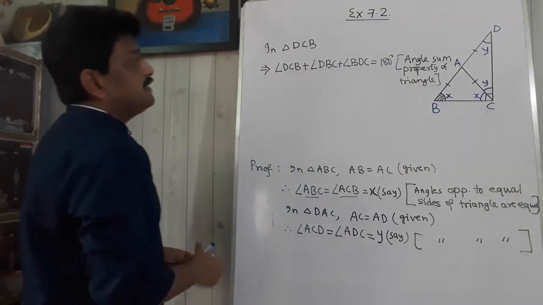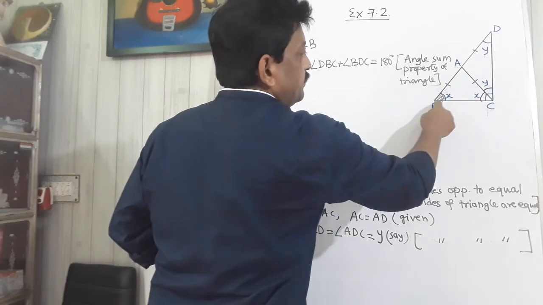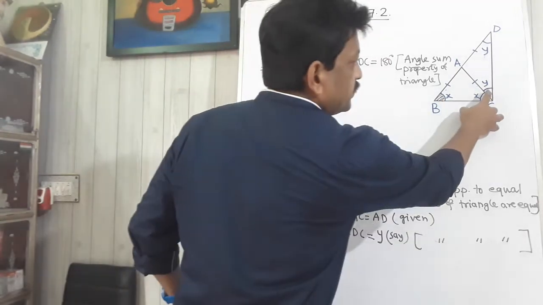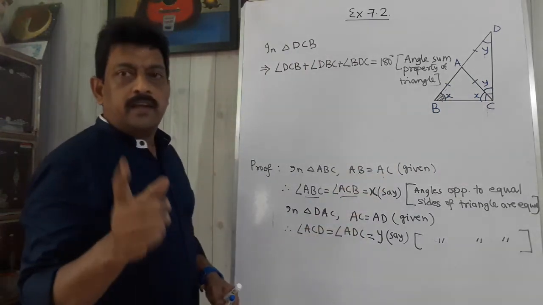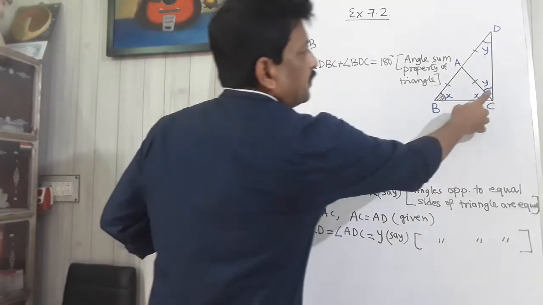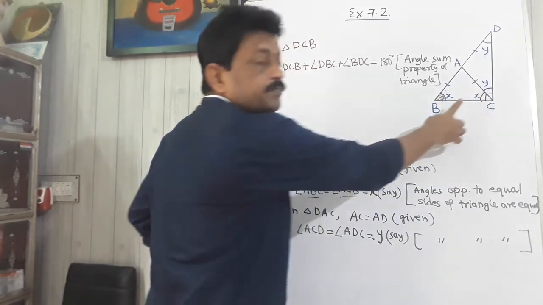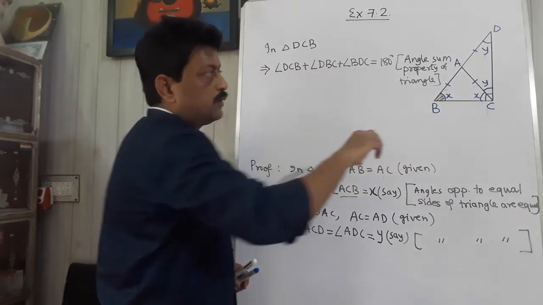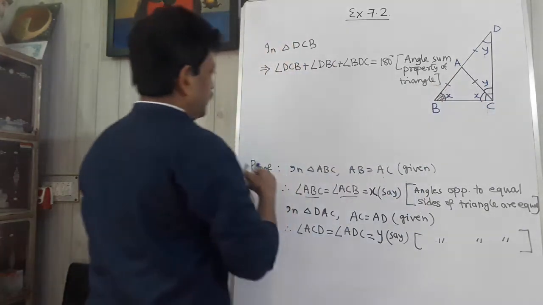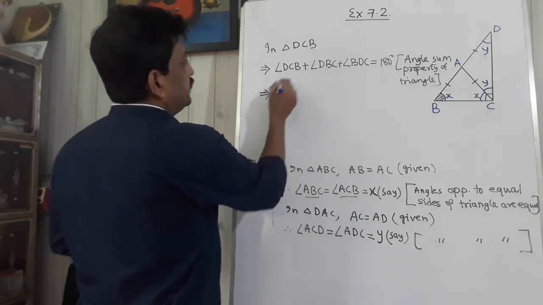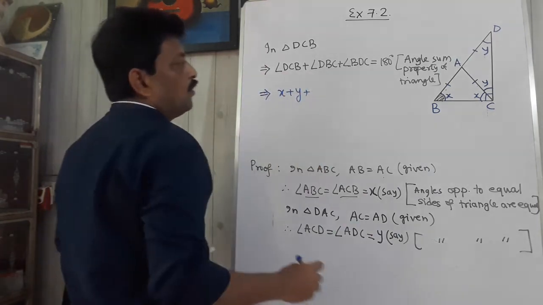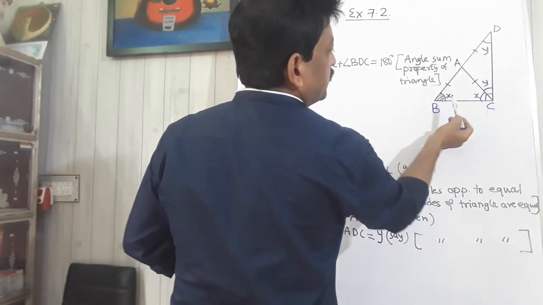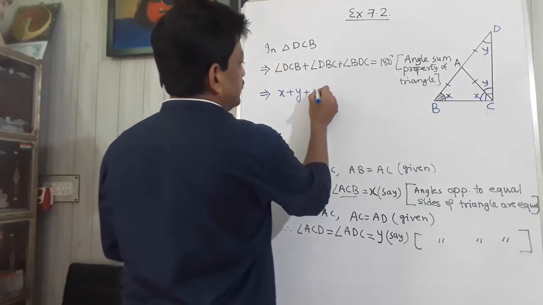Now what is DCB? Just see, this is y and this part is x, so together they are x plus y. So in place of DCB I can write x plus y. What is angle DBC? It is clear from the diagram, it is x.